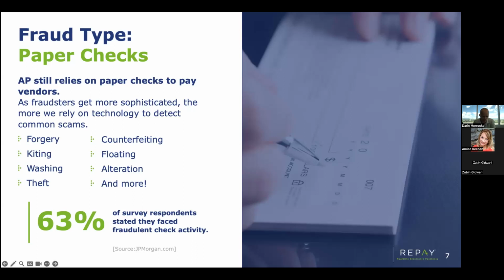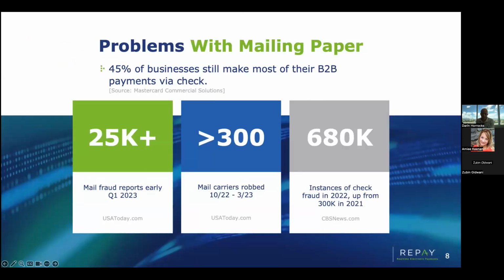And you can see here the number: 63% of survey respondents to this JP Morgan survey stated they had faced fraudulent check activity. So it's obviously a big problem. Last year, there were a couple of stories published in USA Today and CBS News. Ironically, about 45% of all B2B payments are still made via check.